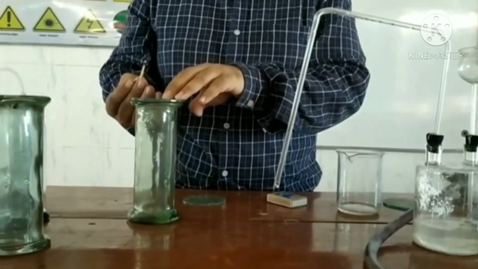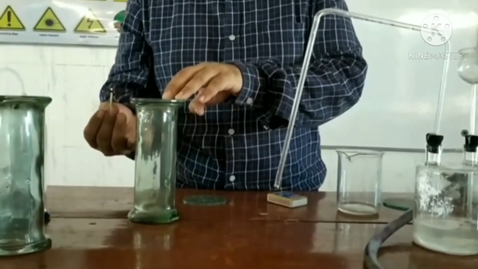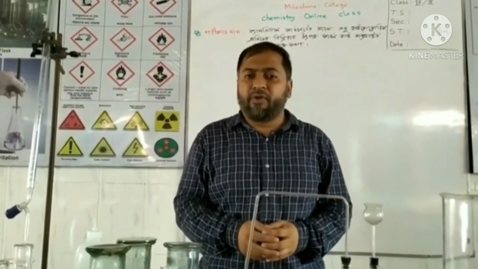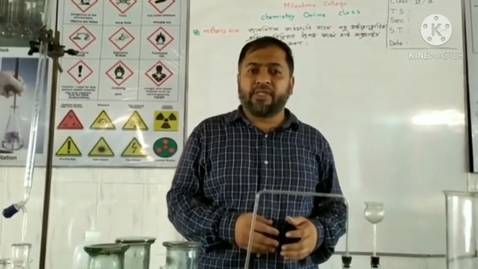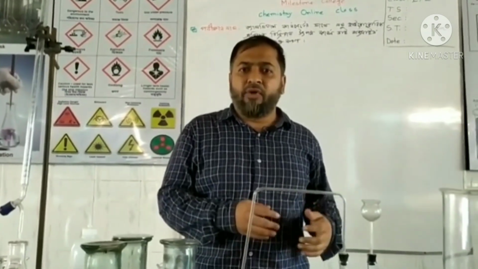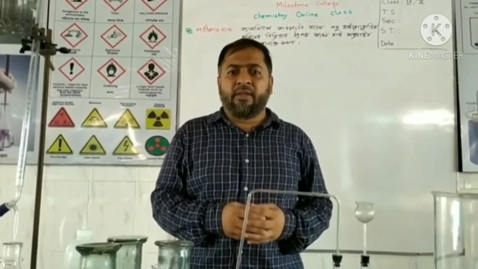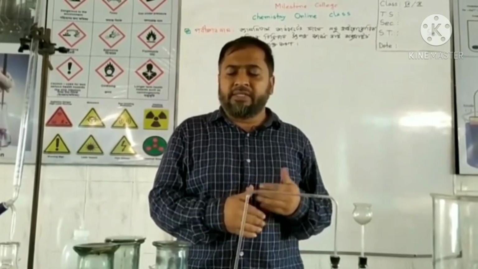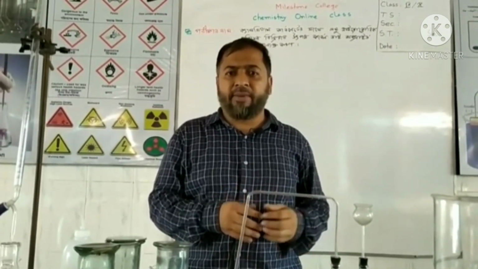Now we are going to show you another proof that this is carbon dioxide gas. Another property of carbon dioxide gas is that it turns lime water turbid. When we take transparent lime water, it instantly turns turbid when we add carbon dioxide.